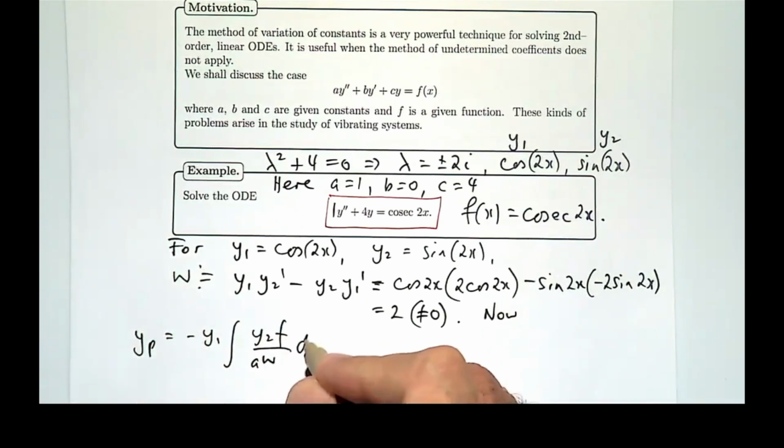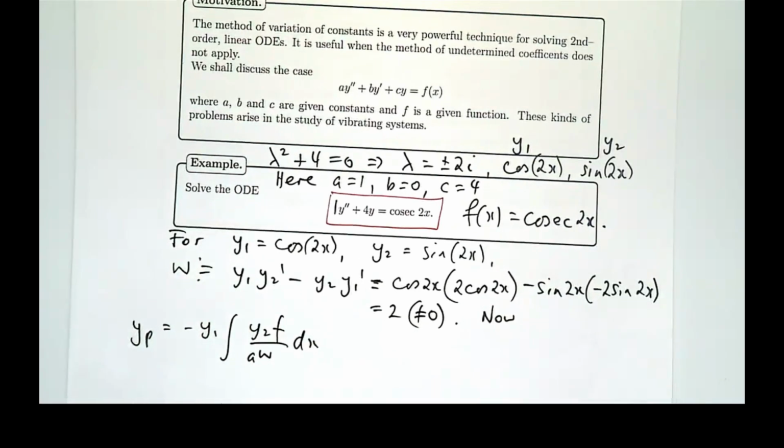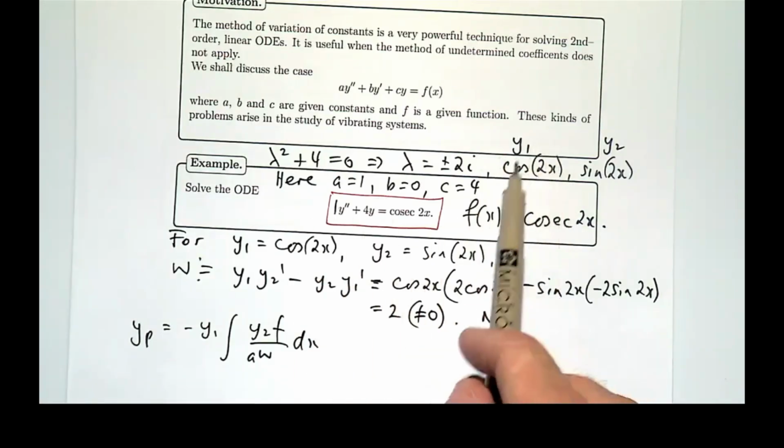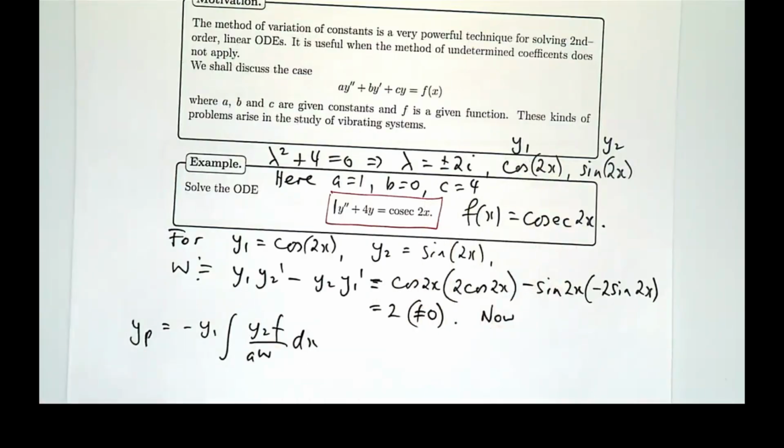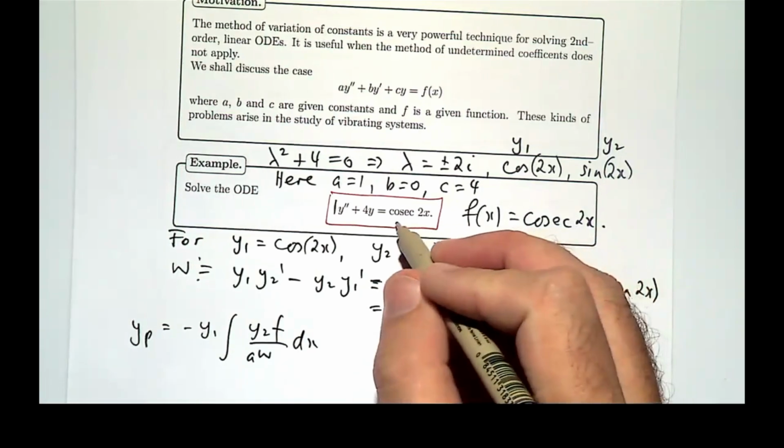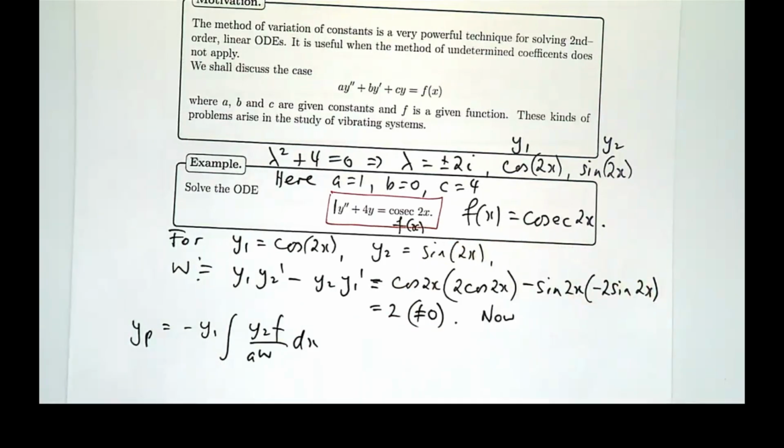So I've labelled y1 to be cosine and y2 to be sine. So we haven't got to the cosec yet at all. Okay? So we're going to get onto the cosec now. The cosec is your right-hand side, yeah? Okay? So we're just leaving that alone.